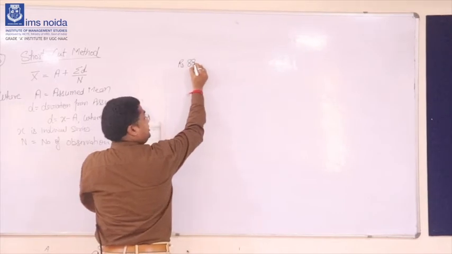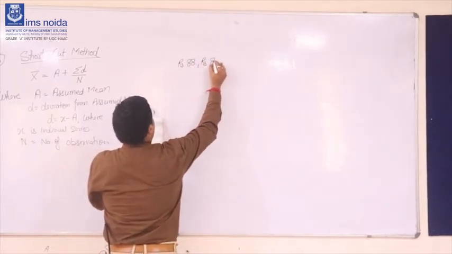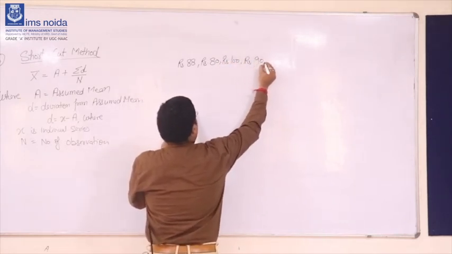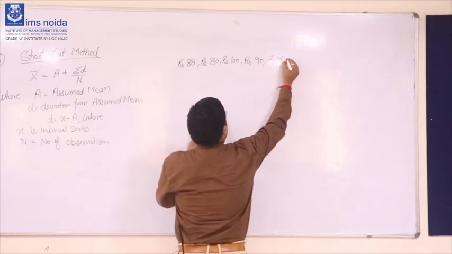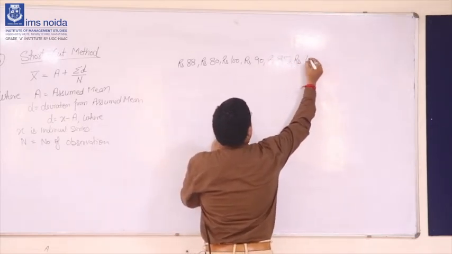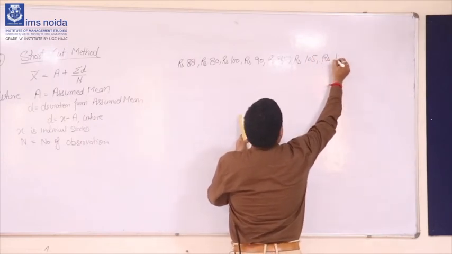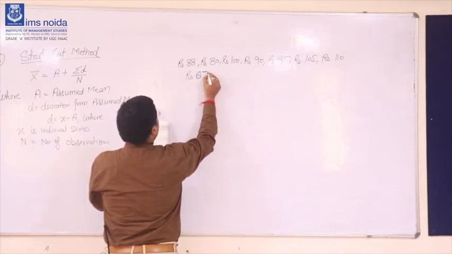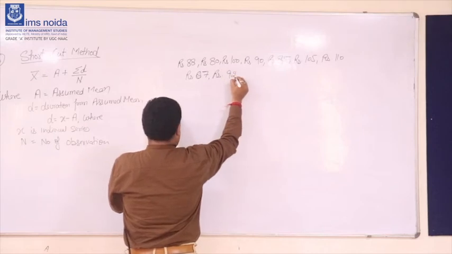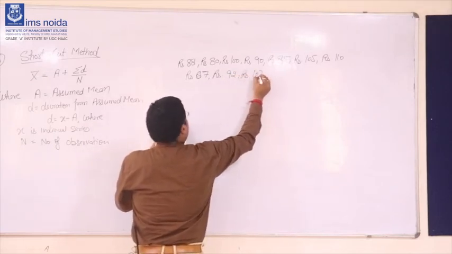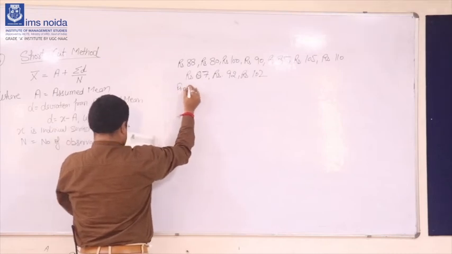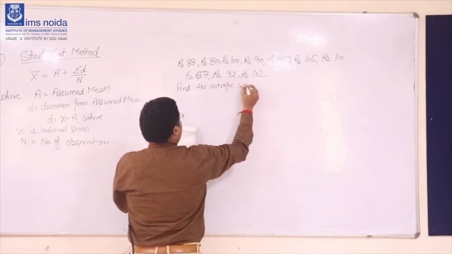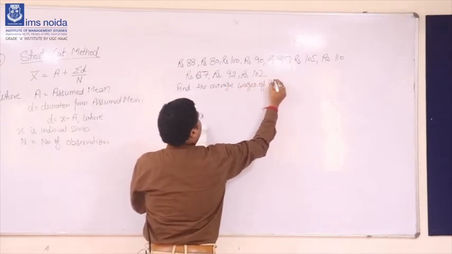Rupees 88, rupees 80, rupees 100, rupees 90, rupees 85, rupees 105, rupees 110, rupees 87, rupees 92, rupees 102. Find the average wages of workers.